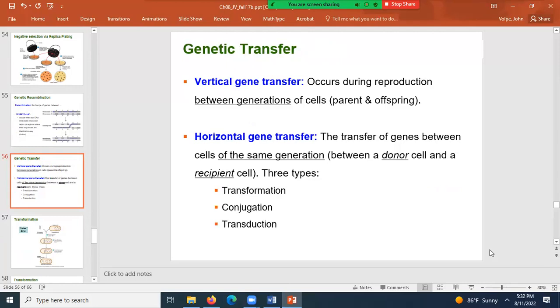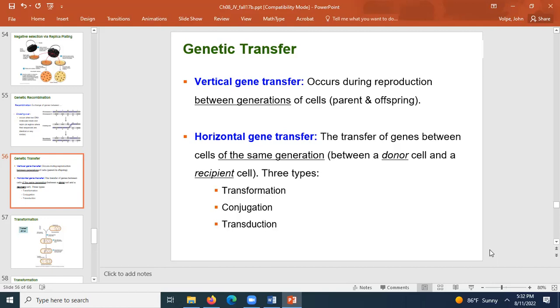Vertical gene transfer is when the genes from a parent move to the offspring. We can call this transfer between generations of cells, so that it moved from the parent generation of cells to the offspring generation of cells.